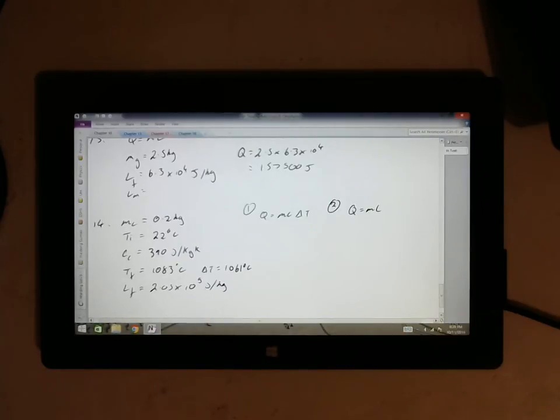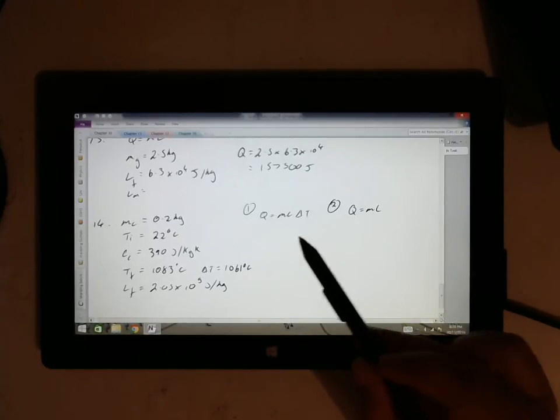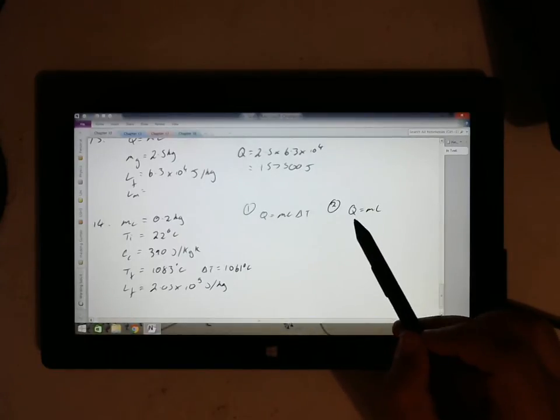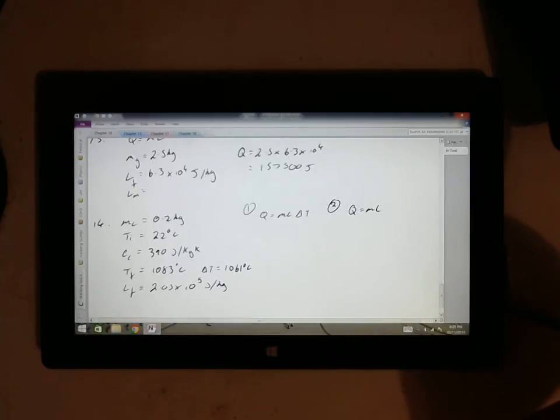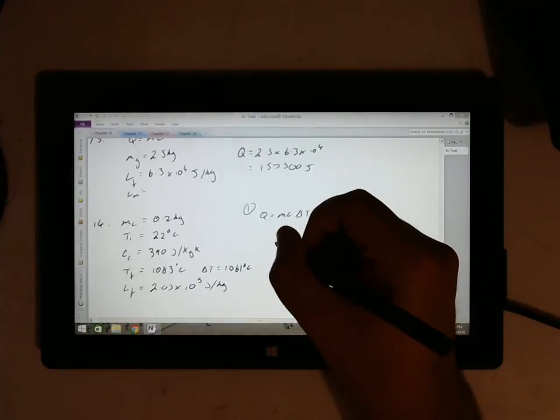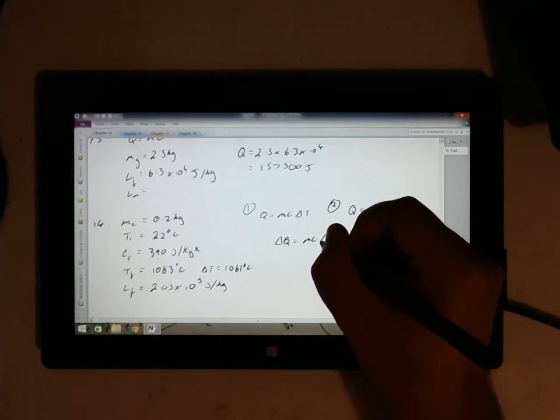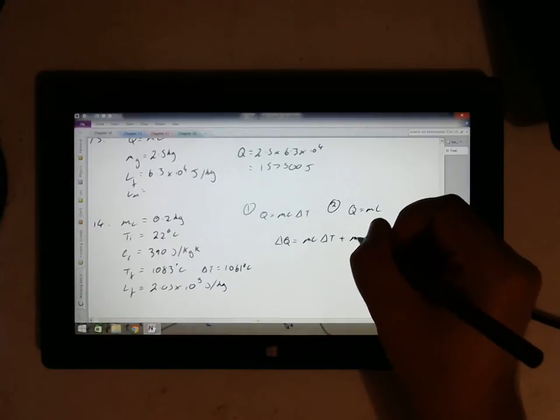Now you could work this a couple of ways. You could show the working out for this, or you could just put it all together, because they're still just Q's, and so if we add the Q's together, the answer is still going to be the type of Q. I'm going to go with that way. So I'm going to say that the change in energy is equal to MCΔT plus ML.